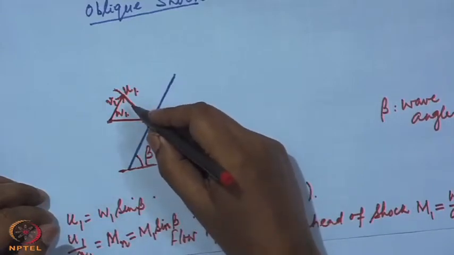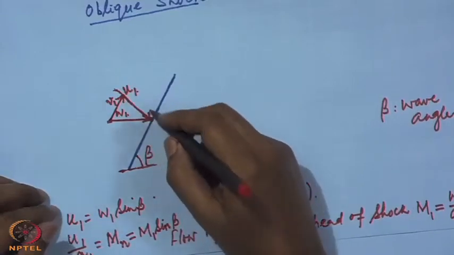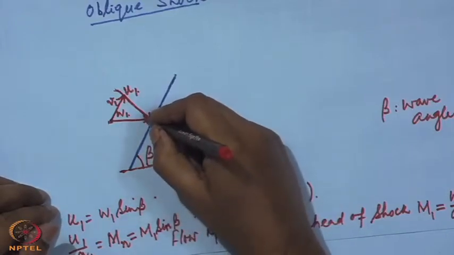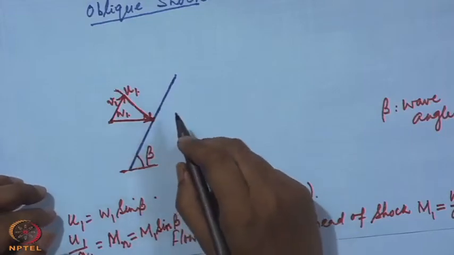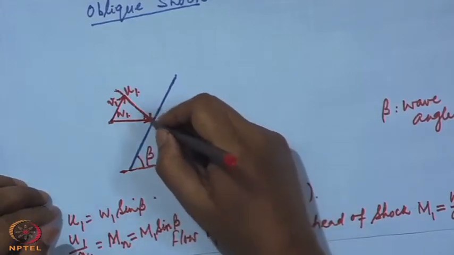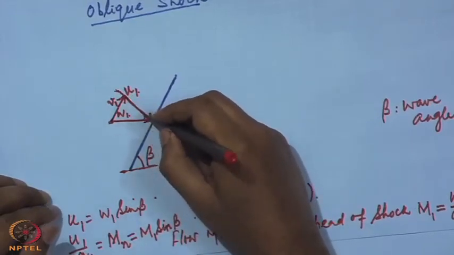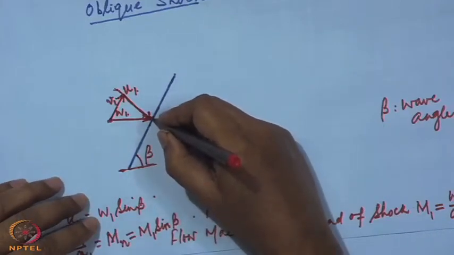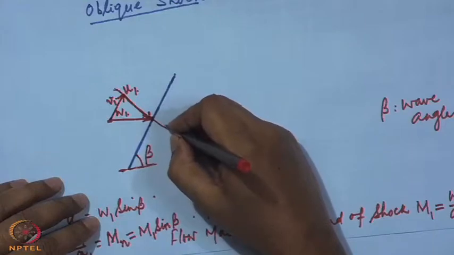However, the normal component u1, which crosses the shock, undergoes a change as given by the normal shock relations, because this shock is normal to the flow velocity u1, and as you have seen earlier, across the shock the normal component of the velocity reduces.